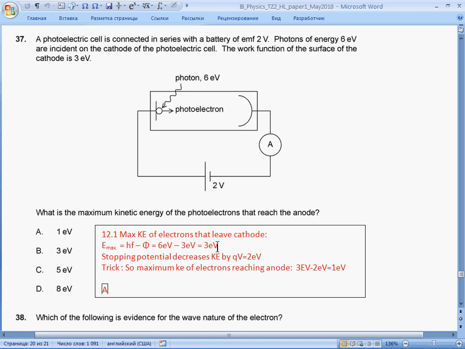It is 3 electron volt. As they move, they are slowed down by the stopping potential, and the stopping potential decreases kinetic energy by QV, which is 2 electron volt. So we subtract from 3 electron volt how much they lost, 2 electron volt, and we get 1 electron volt.